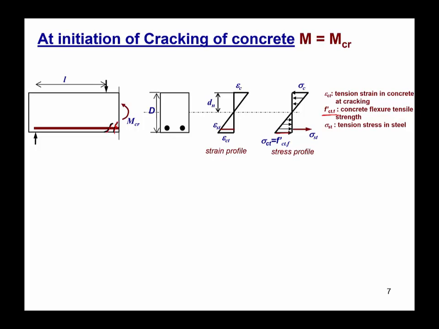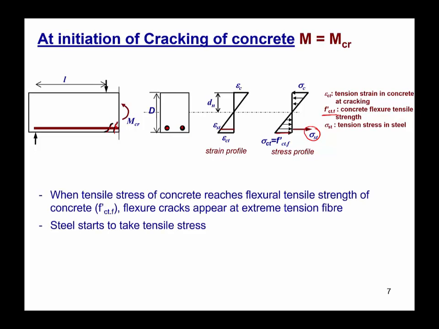Now, when the concrete starts to crack, the steel will start to take the tensile stresses. As you can see here, the steel is now taking the tensile stresses. At this point where the concrete starts to crack, the moment is called the cracking moment.